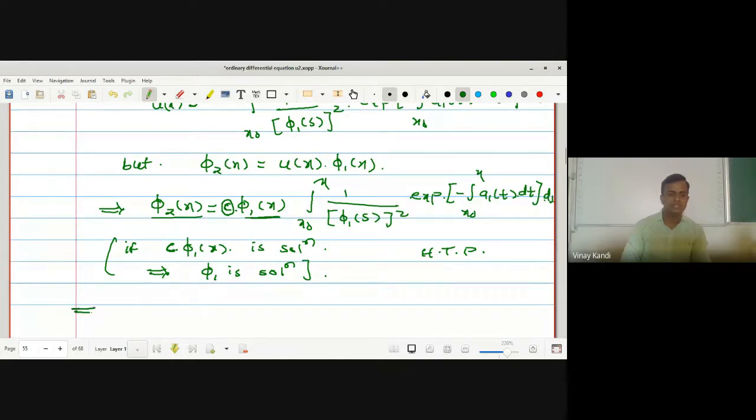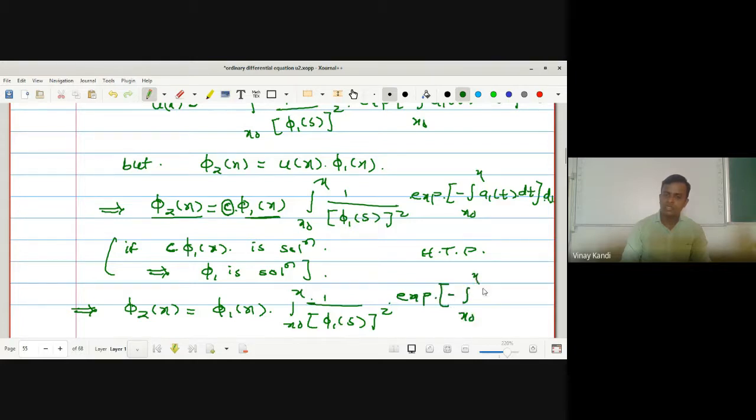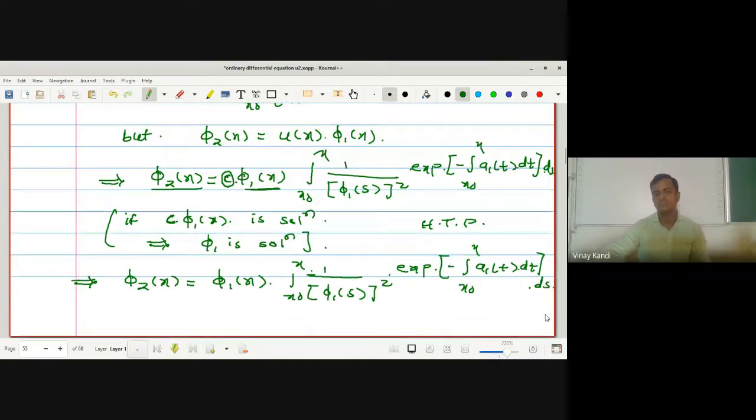Hence it implies phi 2 of x is equal to phi 1 of x into integration x naught to x 1 upon phi 1 of s bracket square into exponential of minus x naught to x integration a1 of t dt into ds. So this is the proof of the theorem.